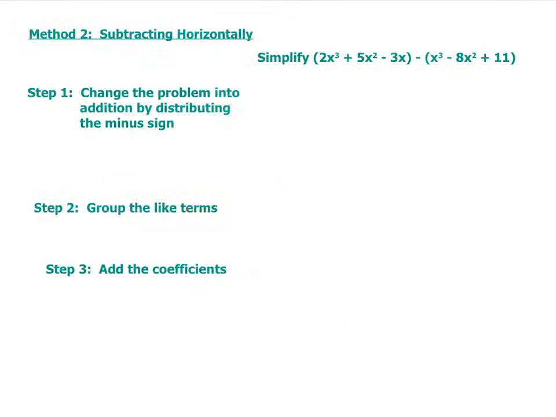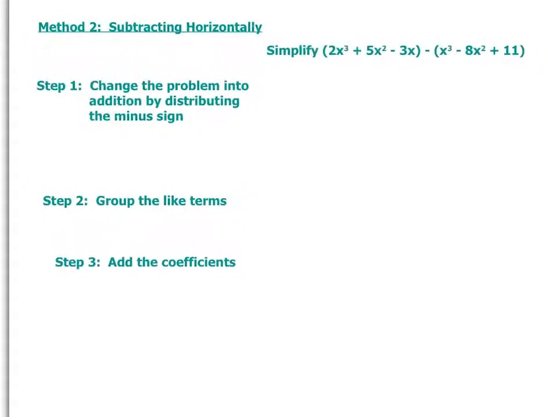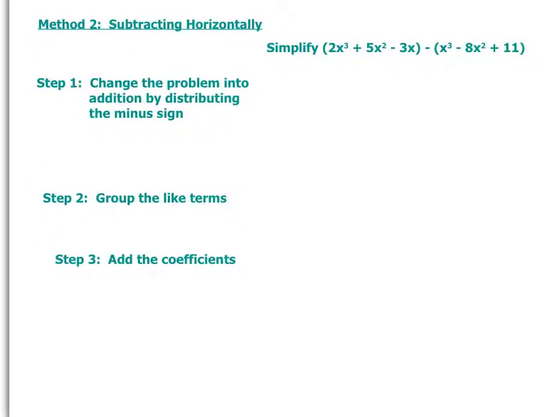Perfect. Another way to subtract is to do it horizontally. And here you're going to do keep, change, change, change, change. Then we're going to group our like terms, just like when we added horizontally.